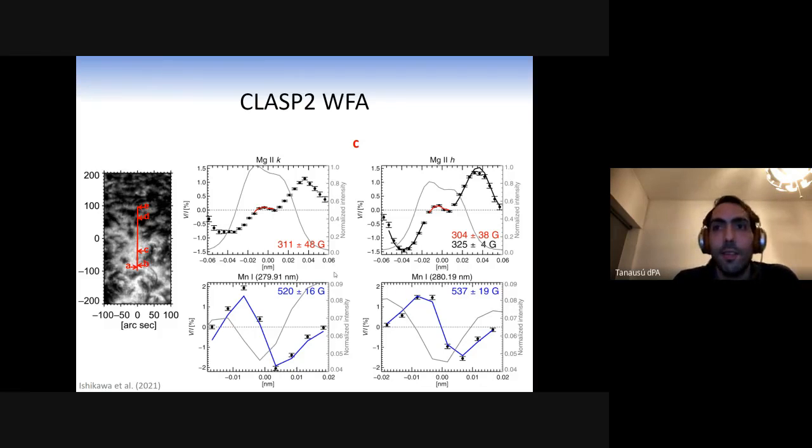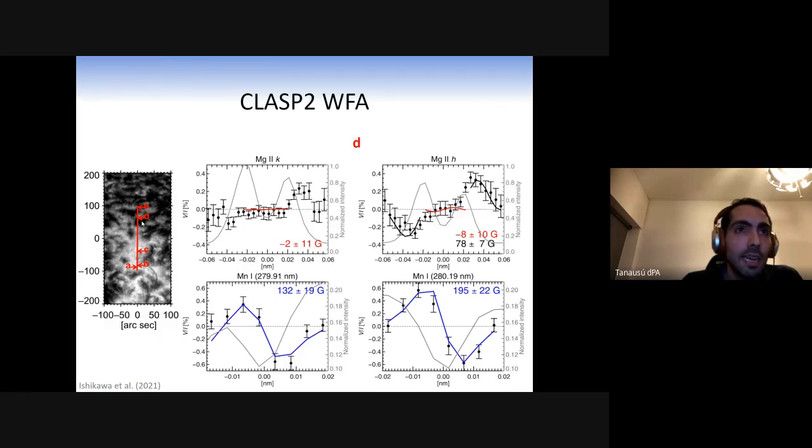Here we have the C point, that is one of those where the magnetic field in the upper chromosphere was the strongest. And we can see that we reached values of 300 Gauss just below the transition region. And lastly, this D point is one of the network, and we see that the signal in the core of the H and K lines is quite small.